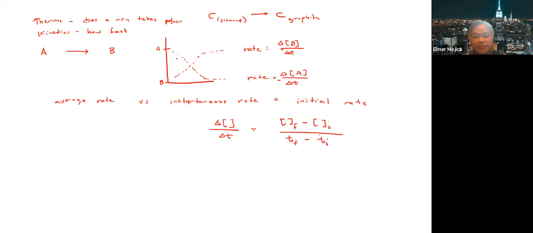So if you have 2 points here, let's say you want to compare the 2 points, you can get what we call the average rate. So you're just going to look at that one and then compare it with the initial one. Usually you're given 2 points in time and the respective rate that they have, and then you're going to get the difference between them.